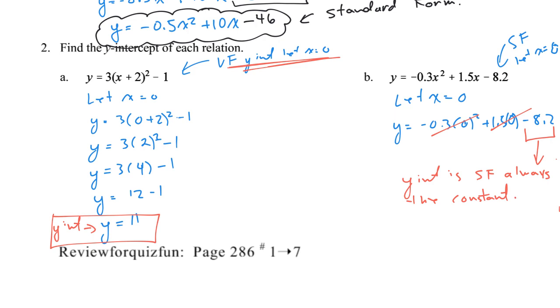Okay, so it's always the very last number. So in this case, the y-intercept is this. y equals negative 8.2. And we are done.